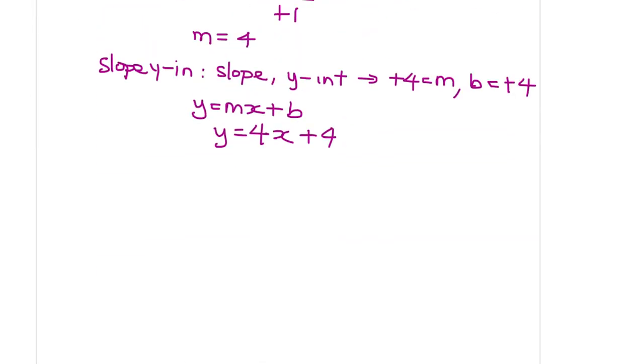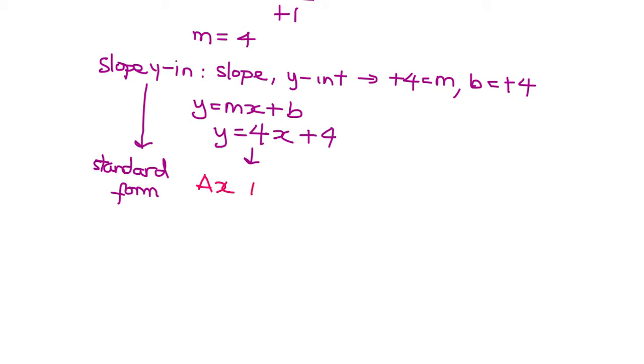The next step is to transform our slope y-intercept form into our standard form. We are going to go through the same step we did in our previous video, where we make this be in the form ax plus by plus c is equal to 0.